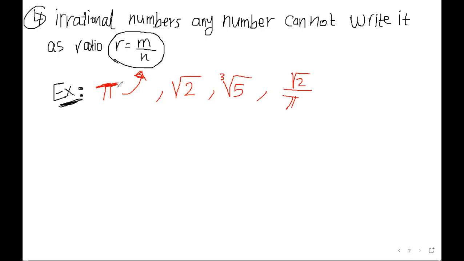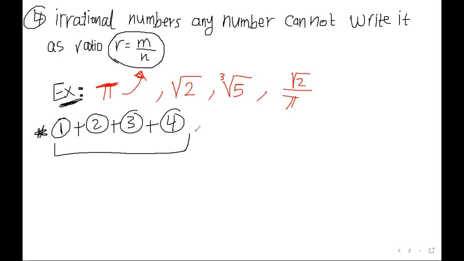So all these numbers, 1 plus 2, from the back, from 3, from 4. The 4 I mean irrational numbers, 3 is rational numbers, 2, 1. All of these from the back make up the real numbers.